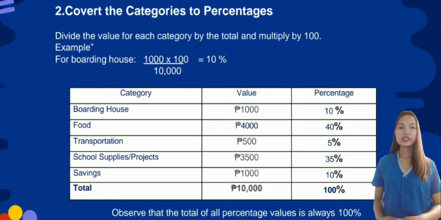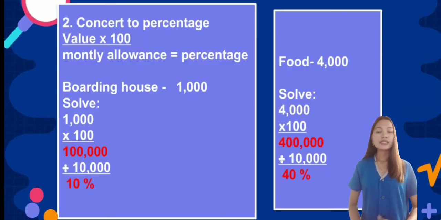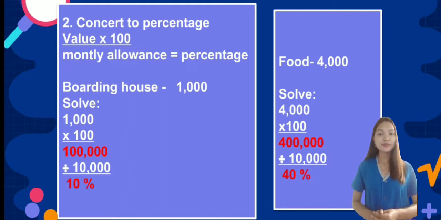Convert the categories to percentage. Divide the value for each category by the total and multiply by 100. So class, the formula to solve it is value times 100 divided by monthly allowance is equal to percentage. For example, the value of boarding house is 1,000, right?